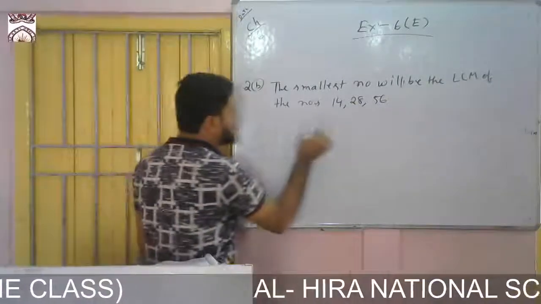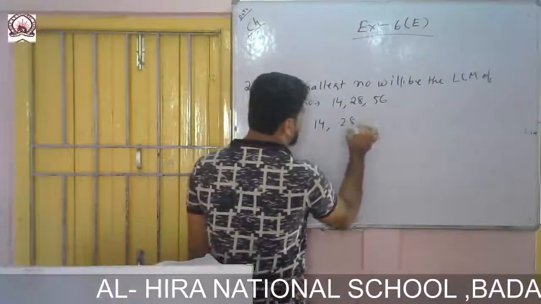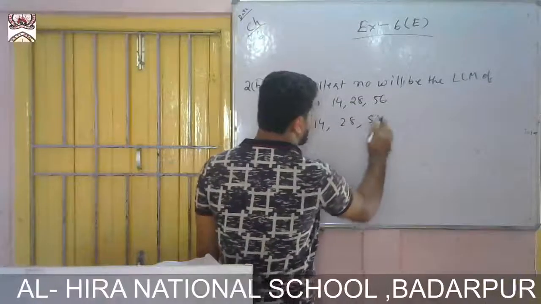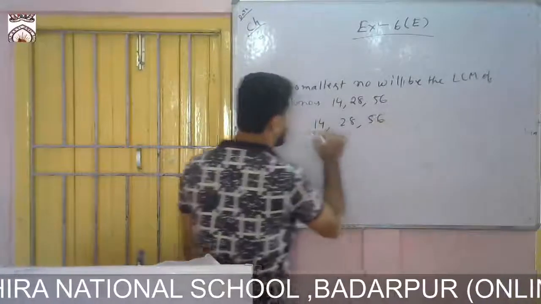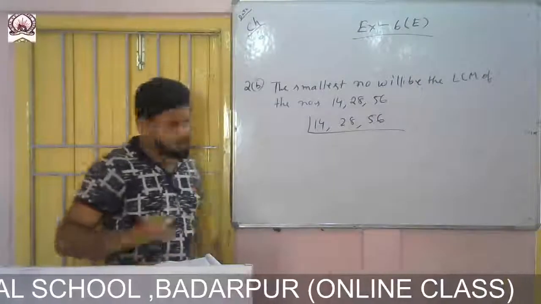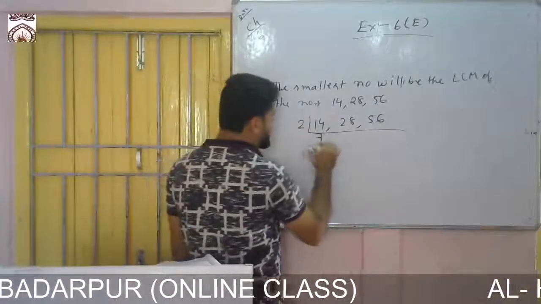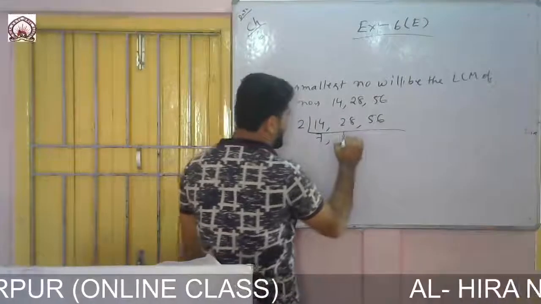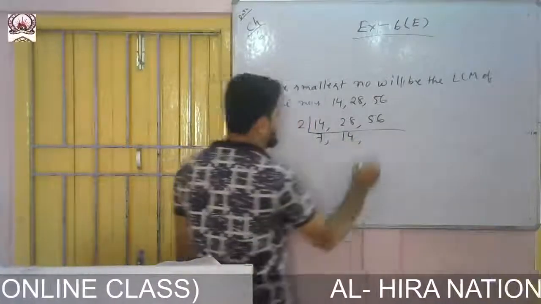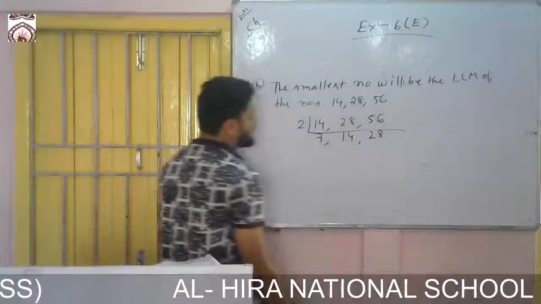So here you see, write the LCM of 14, 28, 56. So take the LCM. I can divide this with 2. 2 7s are 14, 2 14s are 28, 2 2s are 4, 2 8s are 16.